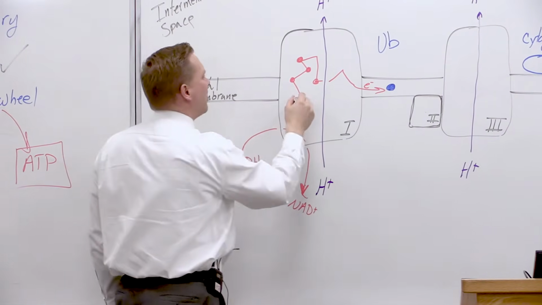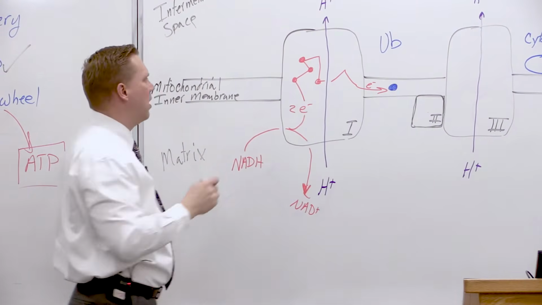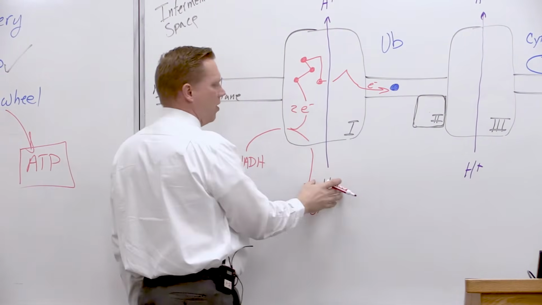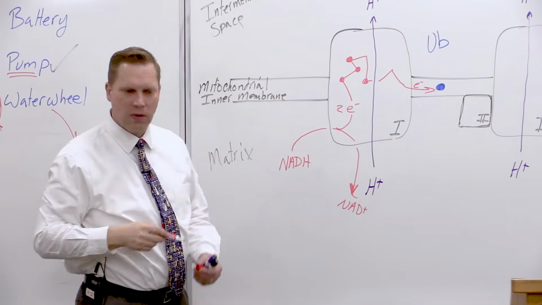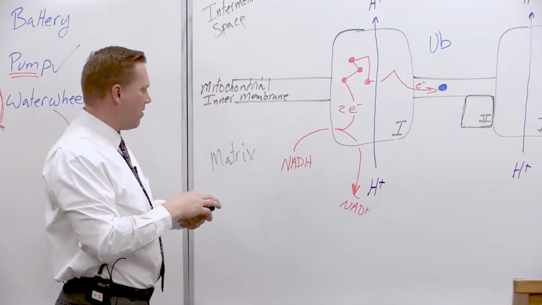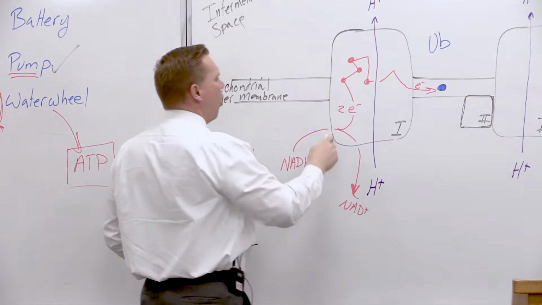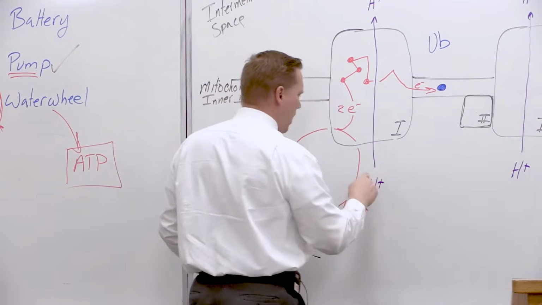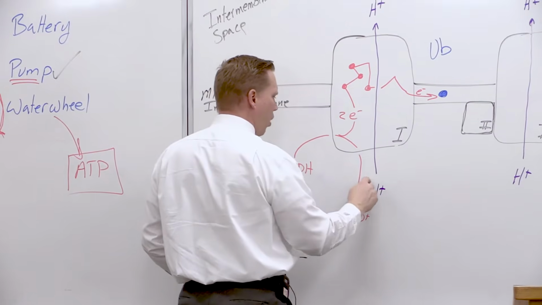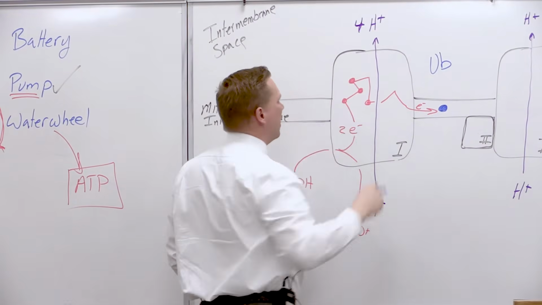And as these electrons jump around to these various cofactors in complex 1, that movement of electrons is what pumps those hydrogens across. Okay? And so that's important to understand. Overall, if I pump 2 electrons through this whole process, I'm going to get about 4 protons that get pumped through.